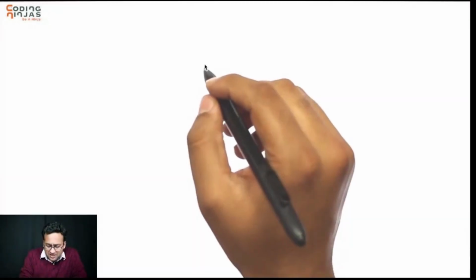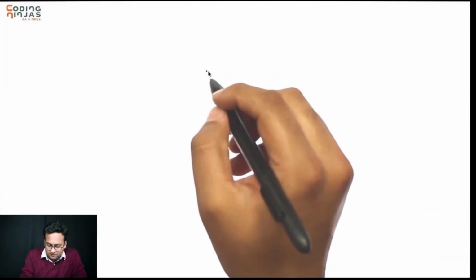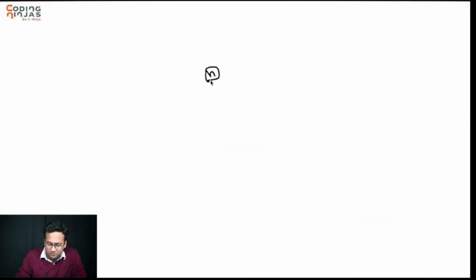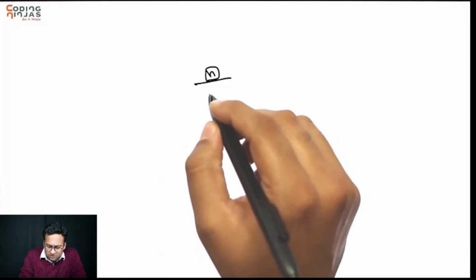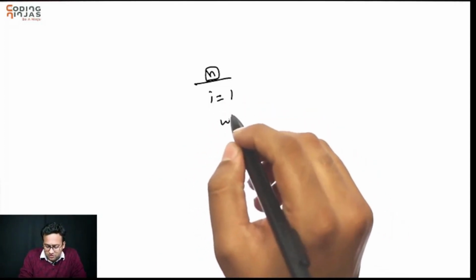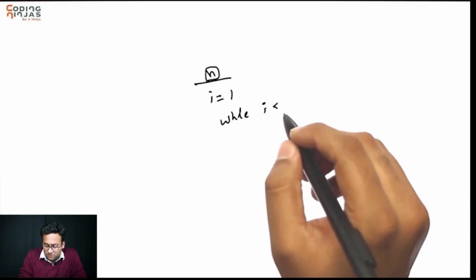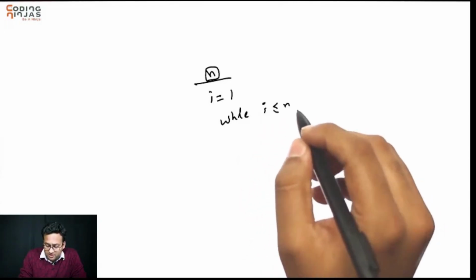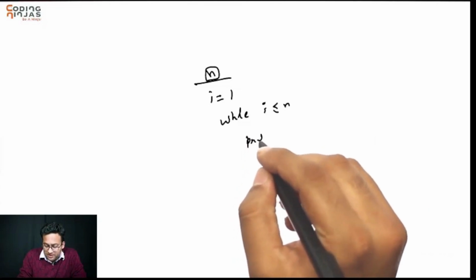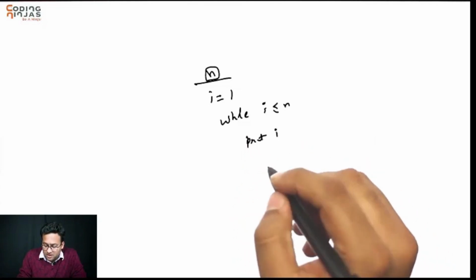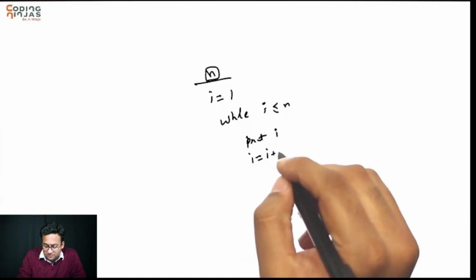For example, let's say I have a function which is supposed to print, if I give it n, numbers from 1 to n. Right, so I'll take i is equal to 1, while i less than or equal to n, I will print i and I'll do i is equal to i plus 1.